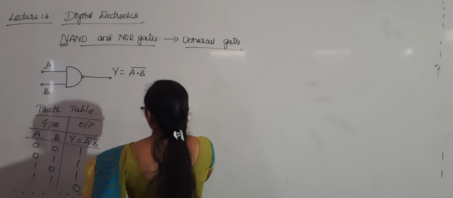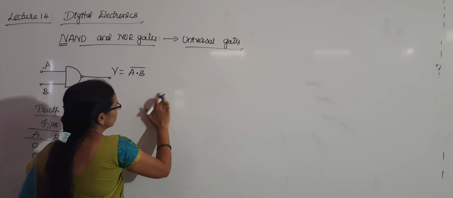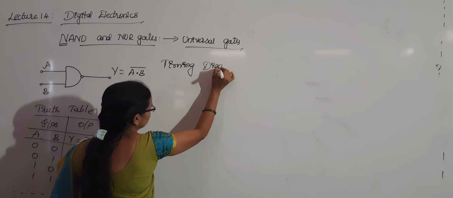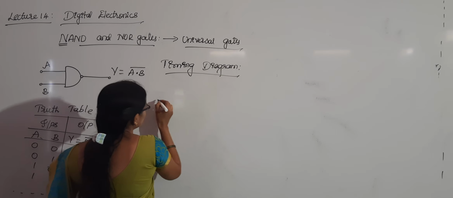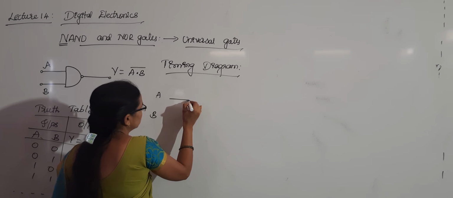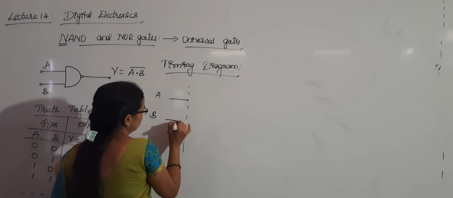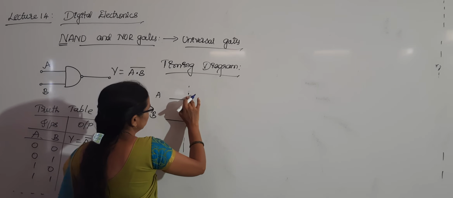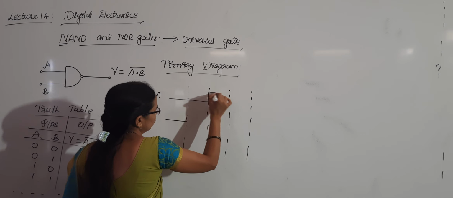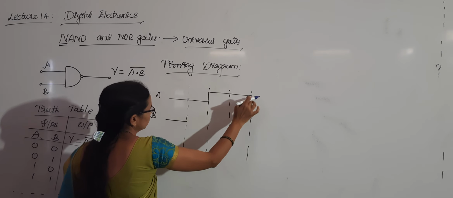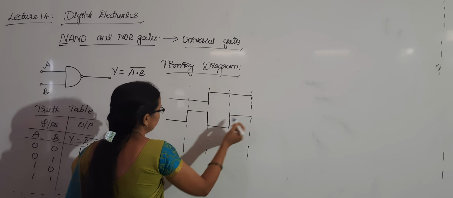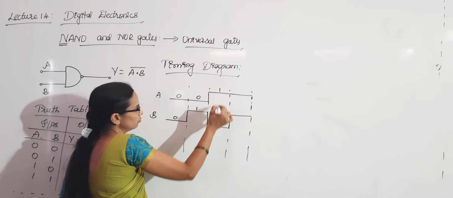Next is the timing diagram of the NAND gate. Inputs A and B: 0 0, 0 1, 1 0, 1 1.